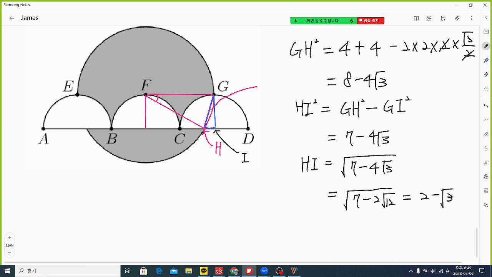So in such case, the area of GHI is half of the length of HI, because the height is 1.